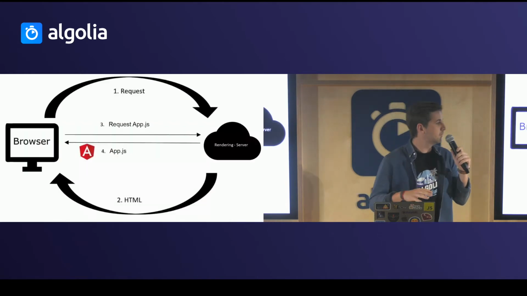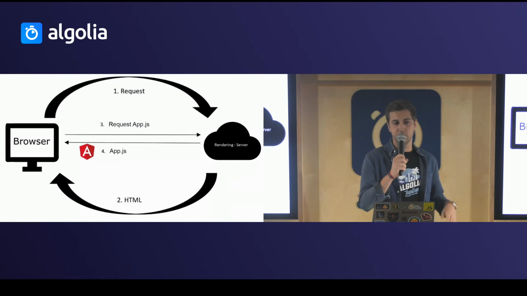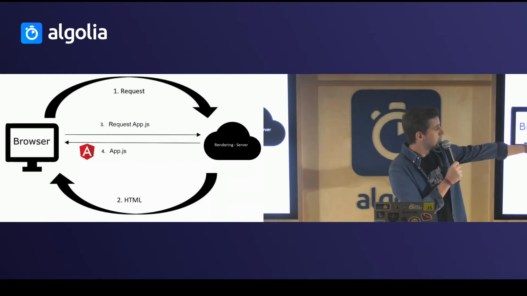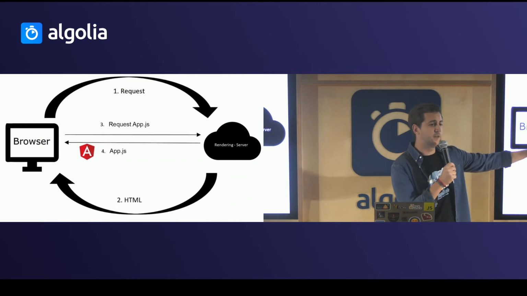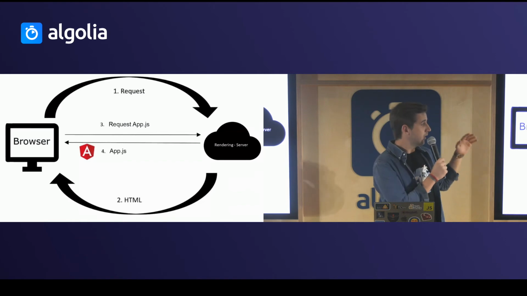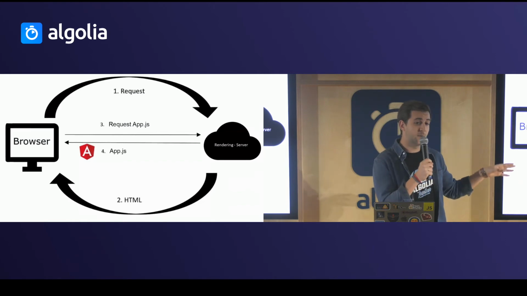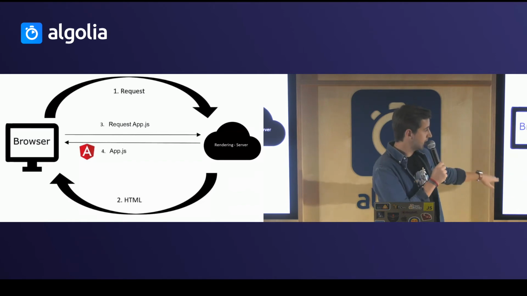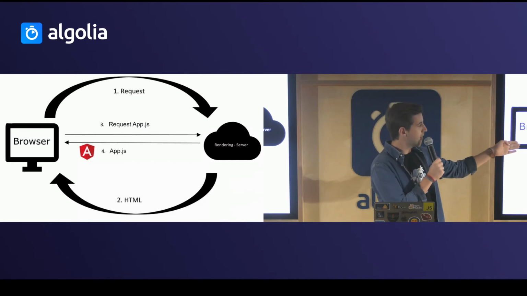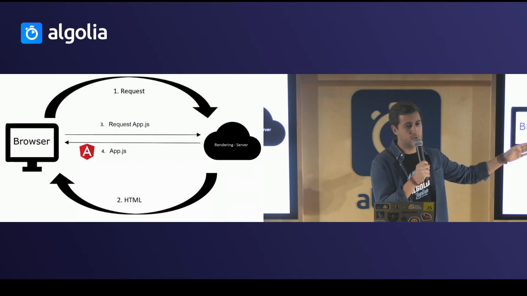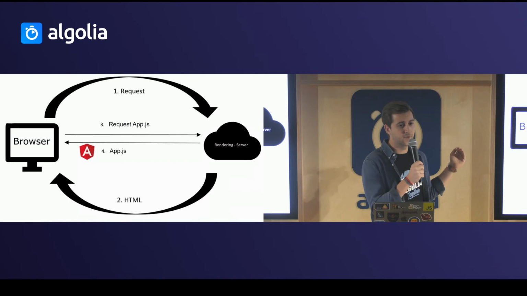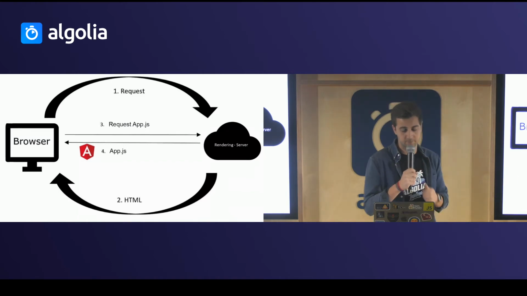This is a basic schema of how server-side rendering works. First, your browser requests a page. The rendering server runs your Angular application on the server side, generates some HTML markup, and sends it back to the browser. The browser reads it, finds some application JavaScript to load and run, gets the application JavaScript, and now starts the app on the browser side as well.